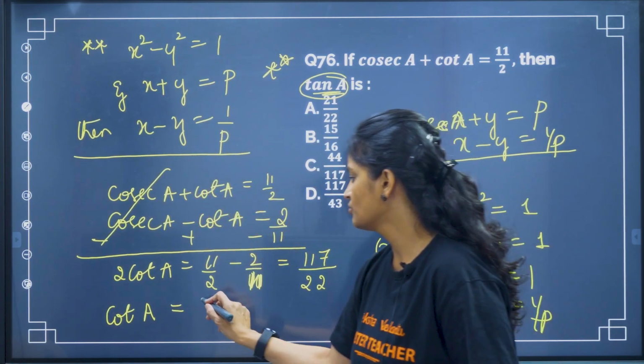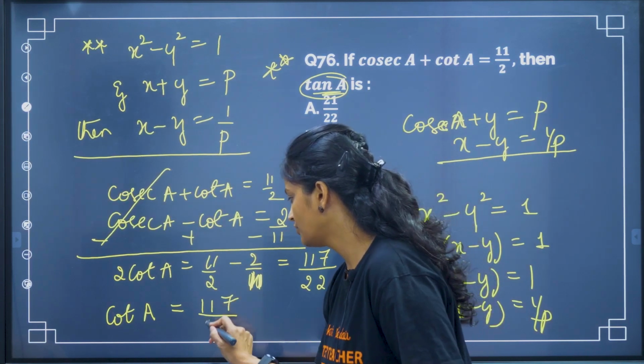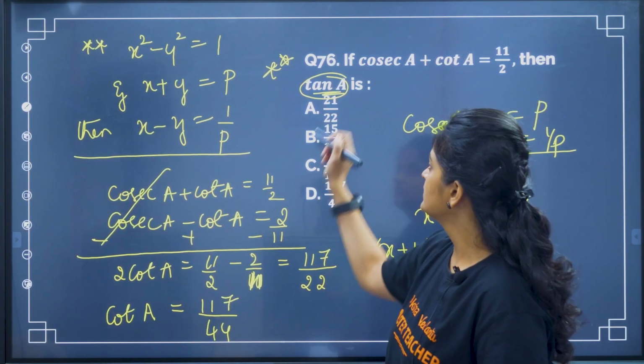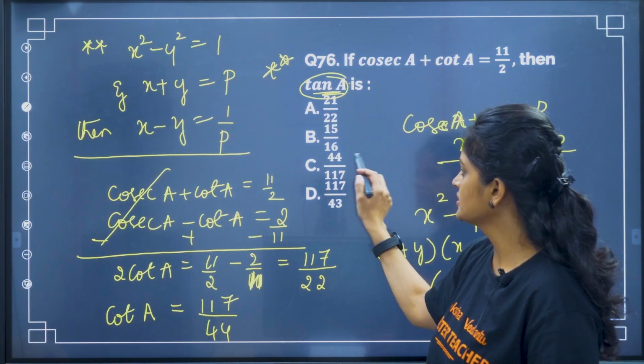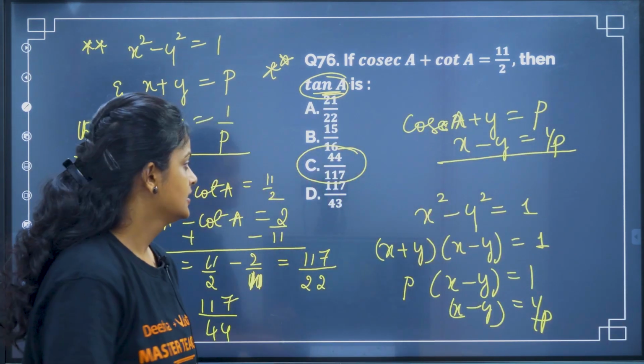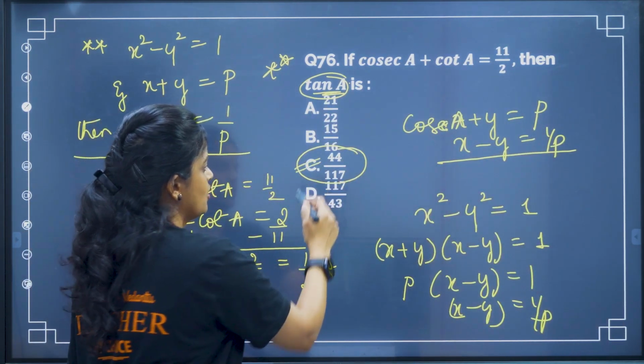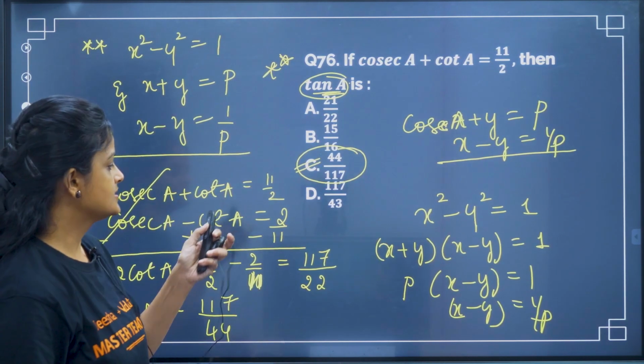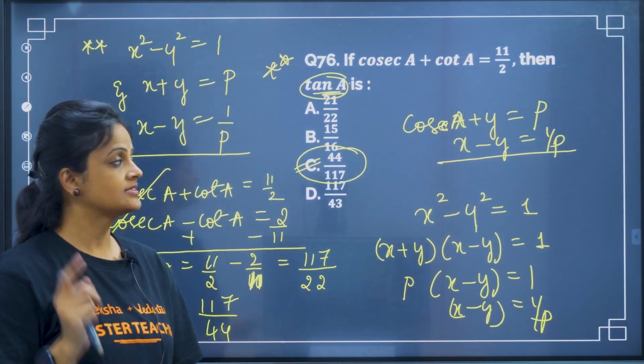Cot a is equal to 117 by 44. Reverse of this will be tan a, and the value is sitting in option C, 44 by 117. So that is your 76th question.